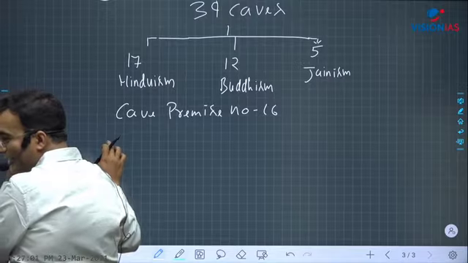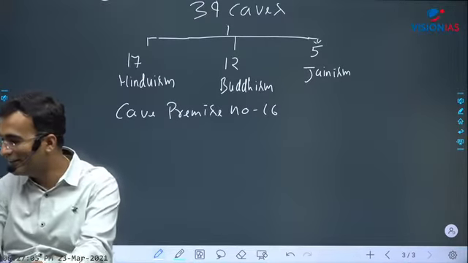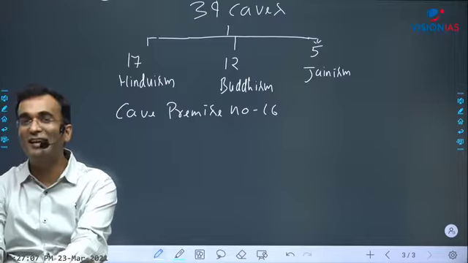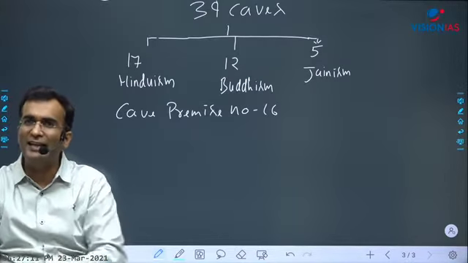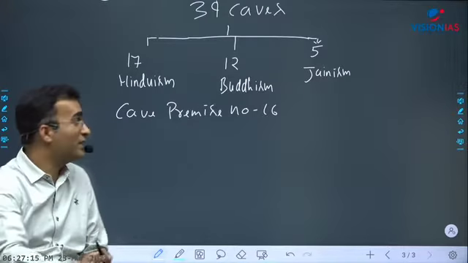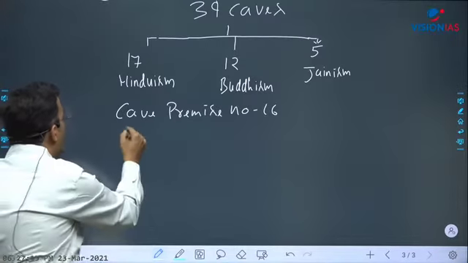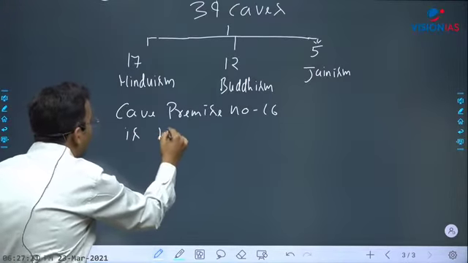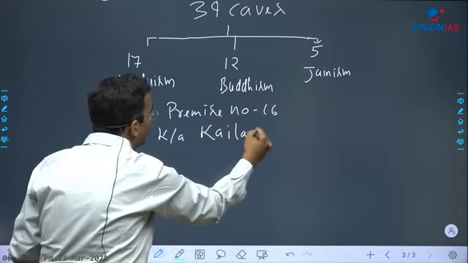Yes, Vaibhav, that is the Grishneshwar temple, and in fact, since you are quoting this one, today's class I will quote something related to Grishneshwar also. I think when I talk about the Nasik cave, I will mention something related to this. So cave premise number 16 is known as the Kailasnath temple.